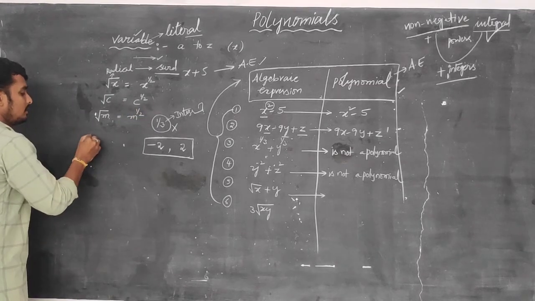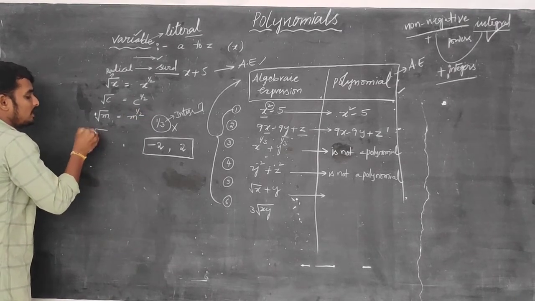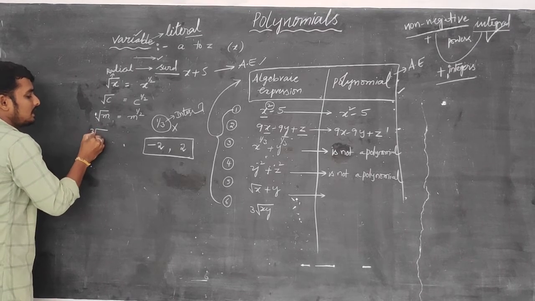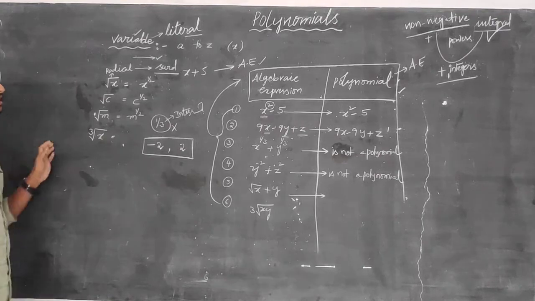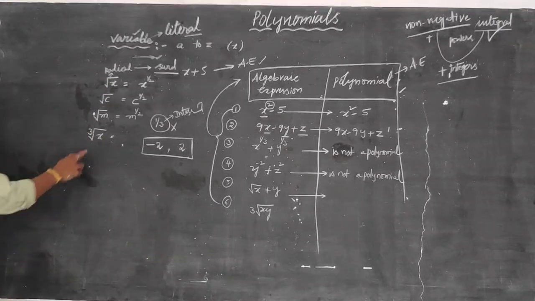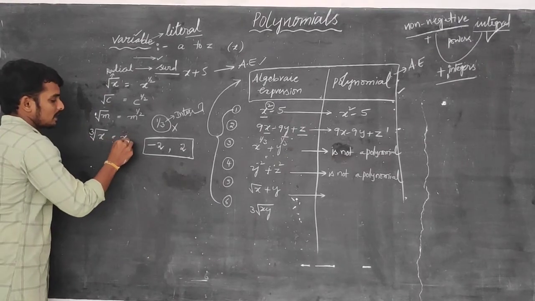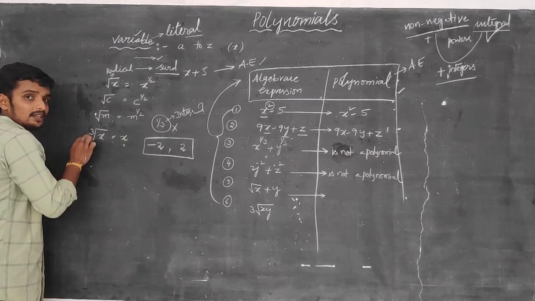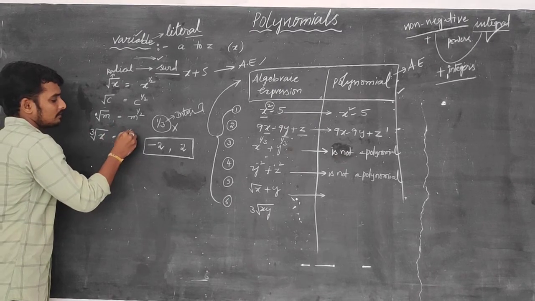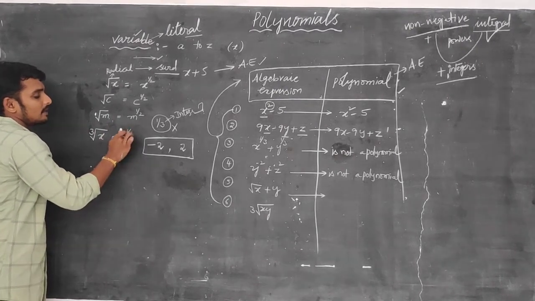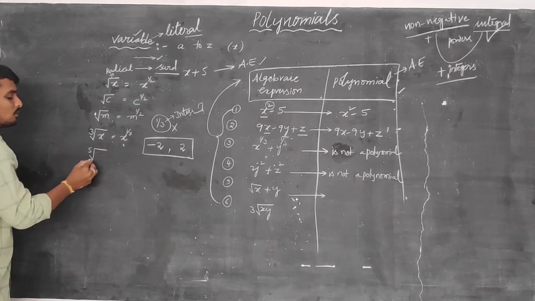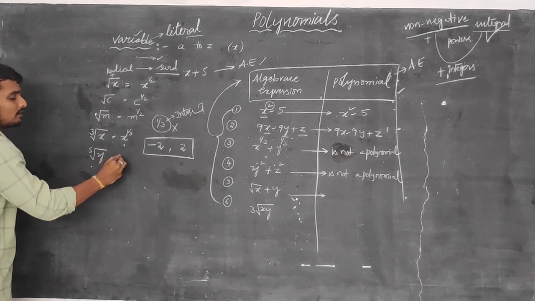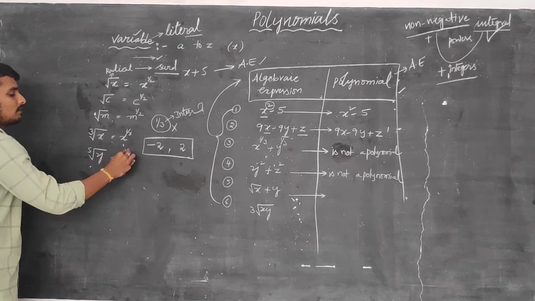For example, if we have 3 here, cube root of x, how can we convert it to exponential form? Write x first. What is the number here? 3. 3 becomes 1 by 3. The same way, fifth root of y: y power 1 by 5.